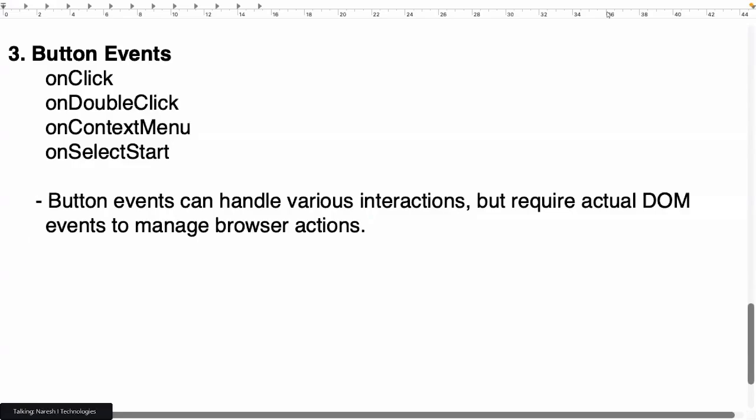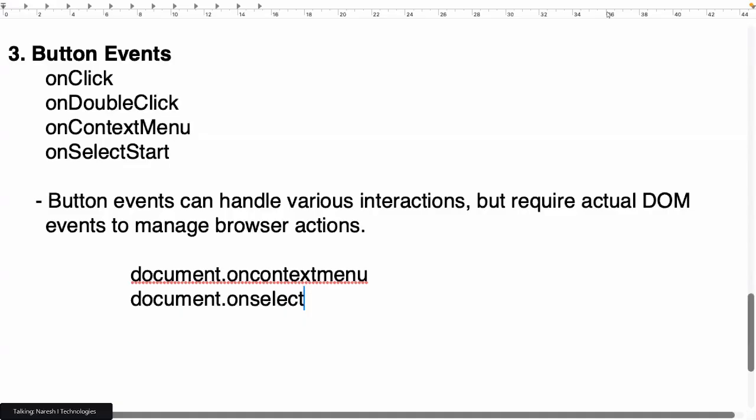That means document dot oncontextmenu. So document dot onselectstart like this. Later you will see document dot oncut, oncopy like that.